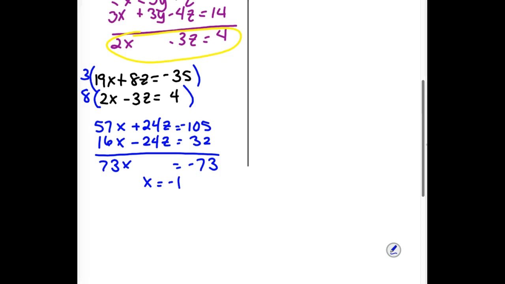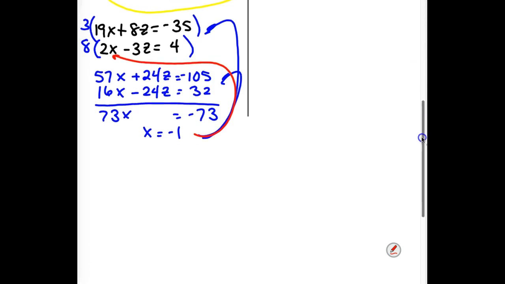Now, I need to plug that x in to one of my equations that just has the 2 variables. I can choose to plug it back in to one of these, or I can go back to the smaller numbered version. I'm going to pick to put it back in right here. That one seems the easiest.